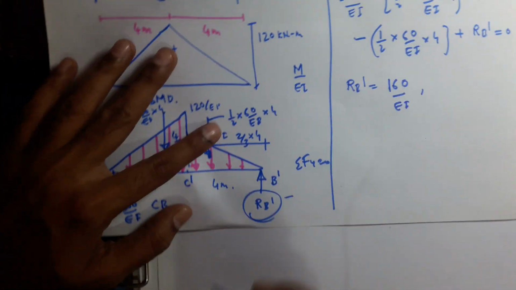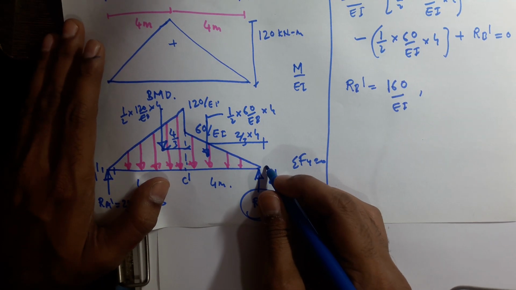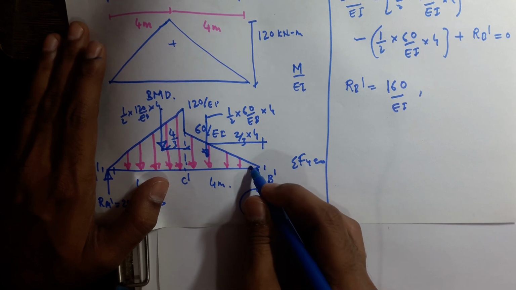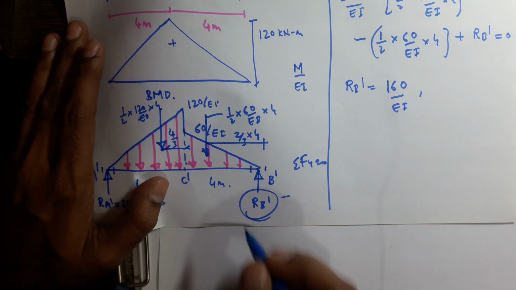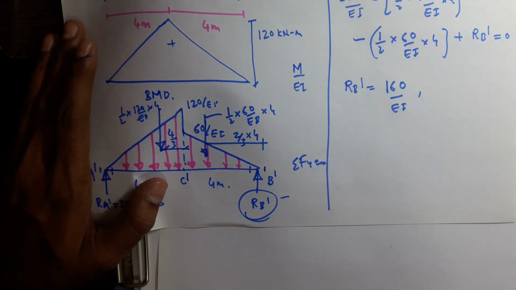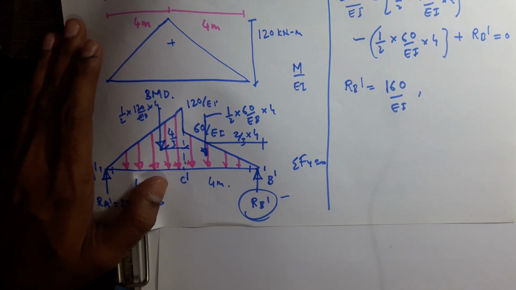Okay, so now see here, shear at right of B is 0, and as you go from right of B to left of B, RB dash is going upward. So when you are going from right to left, the force which is going upward shall be taken as negative, and the force which is going downward shall be taken as positive.